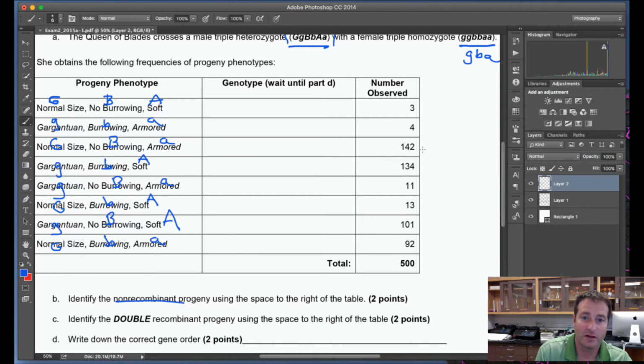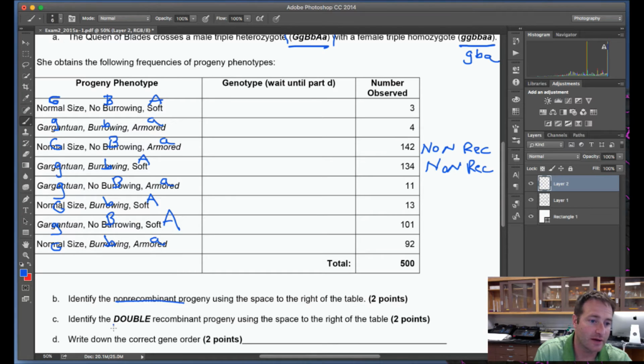And you can see 142 and 134, those are the highest numbers. So you could just write non-recombinant here, and hopefully, now I've graded some exams, and I know some of you have worse handwriting than me, so anyway, there you go. That's all you have to do for that, non-recombinant.